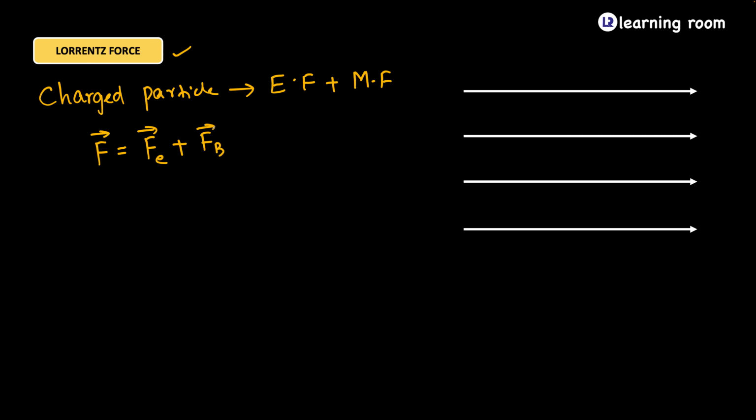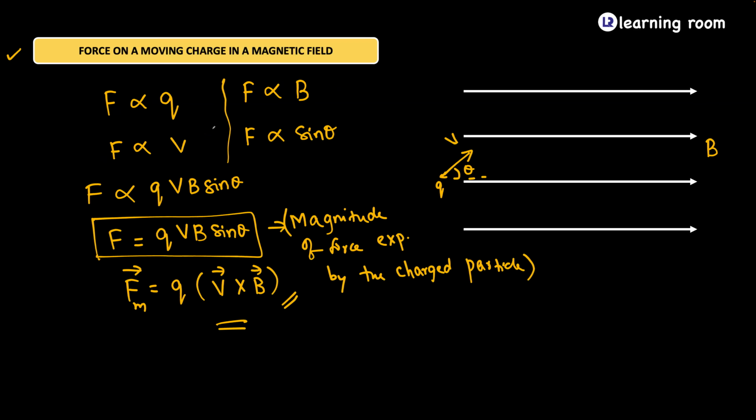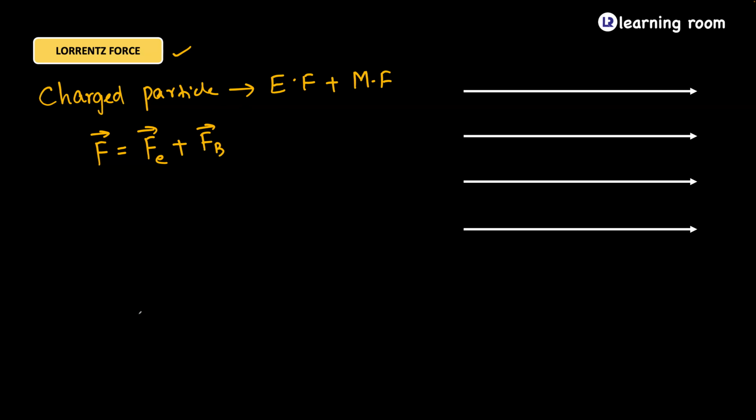Okay. So here, you can either write it as Fm or you can also write it as Fb. Both are the same. So I wrote it as Fe vector plus Fb vector. This I can write as Q into E vector plus Q into V vector cross B vector.